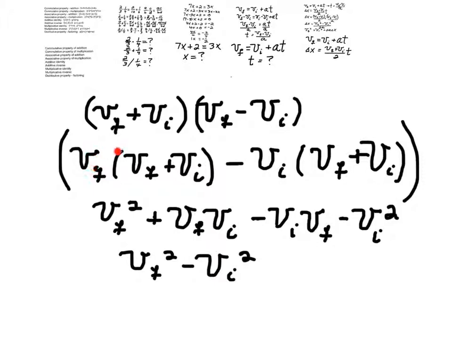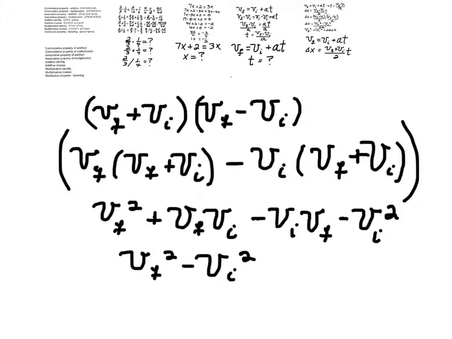So V final times that is V final squared, V final times that is V final times V initial. It's a plus sign. Now this is a negative V initial. So when I distribute this, well, let's leave the negative sign there. Let's distribute this in, and I get V initial minus V final.